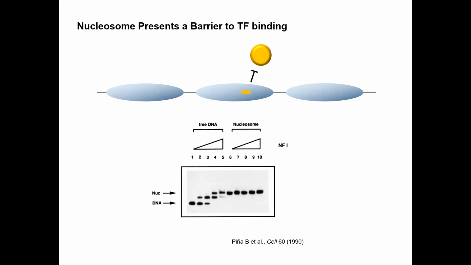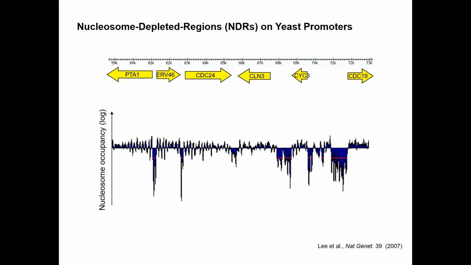When you map the nucleosome distribution inside the cells, you immediately can see how this problem is solved. This is a random segment of the yeast genome that I pulled out. These arrows are open reading frames, and in between is the intergenic region. This is the measured nucleosome occupancy on the stretch of DNA.